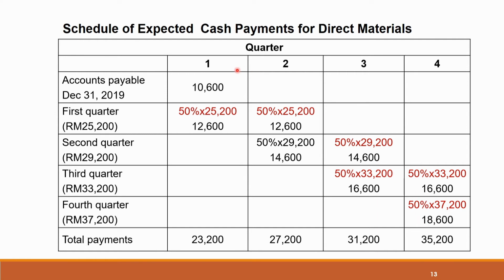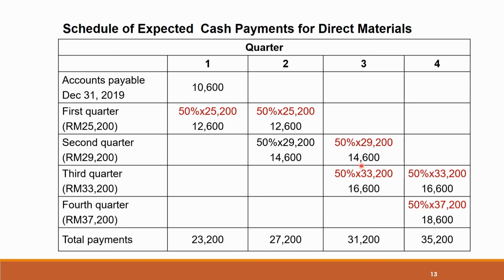So what should you do from this schedule? You have to add all the payments for the first quarter. So you add the beginning balance for 2020 plus the payment that we have made, 12,600, and you will get the total of 23,200 for the first quarter. For the second quarter, you add 12,600 plus 14,600 and the amount is 27,200.